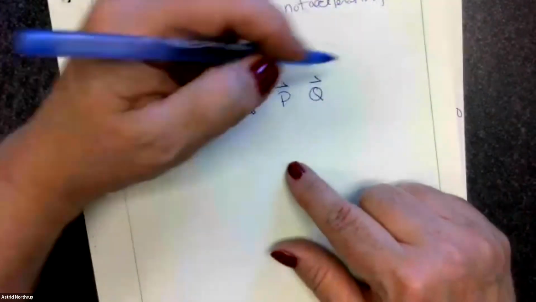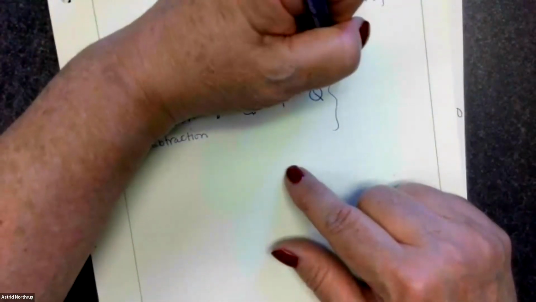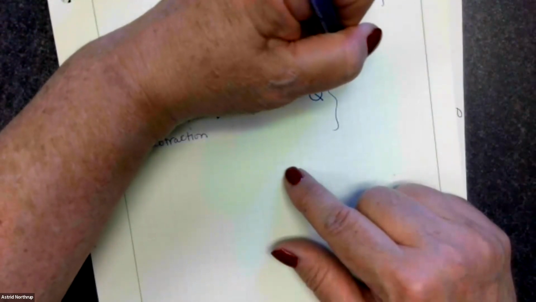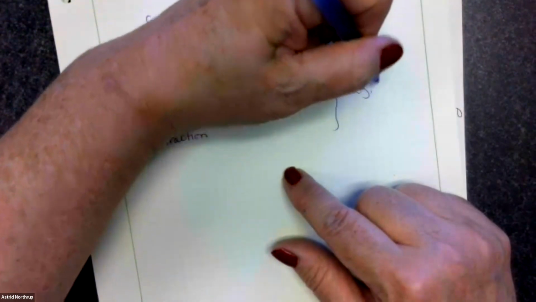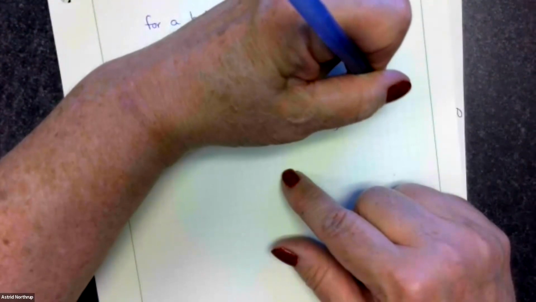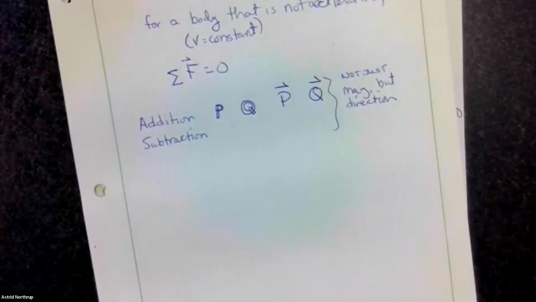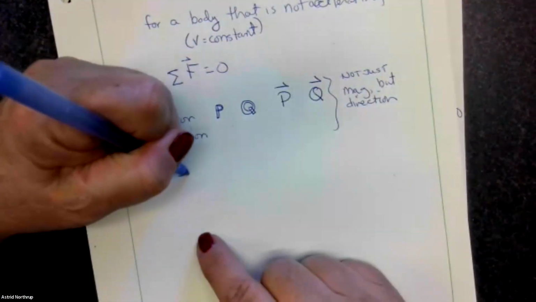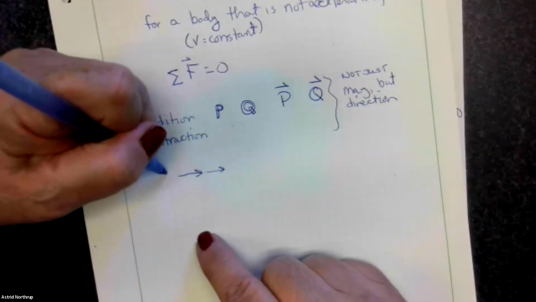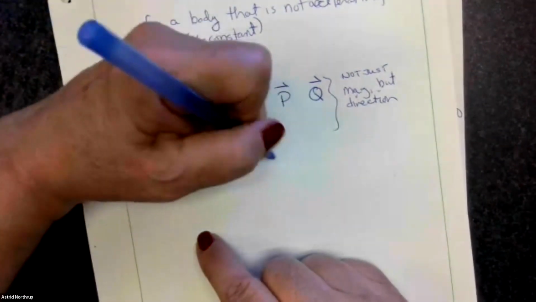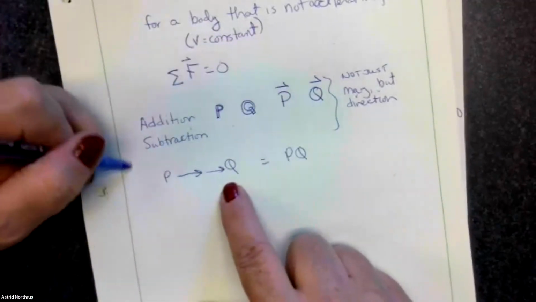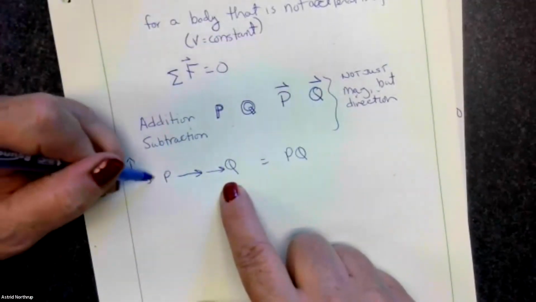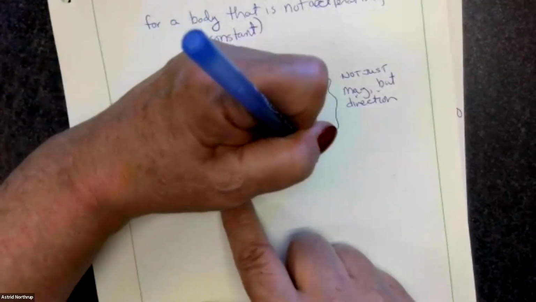When you add or subtract vectors, you need to add not just the magnitude, but the direction. Okay. So in other words, if you have two collinear vectors, P plus Q, the vector sum of that would be P plus Q, and it would be in, like we're talking about Cartesian coordinates, in this case, in the X direction.